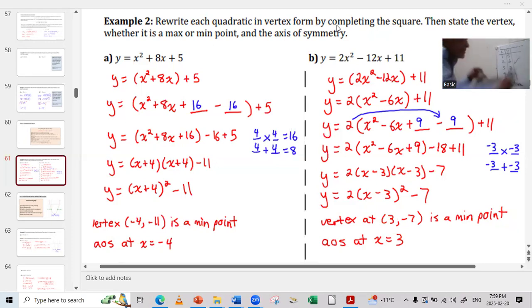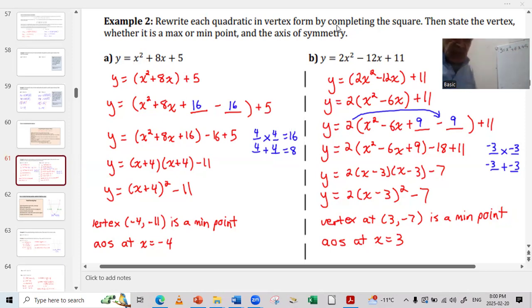As you see in front of you, the example I will work on is y equals x squared plus 8x plus 5.